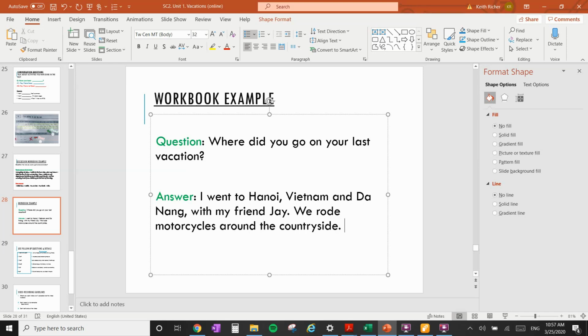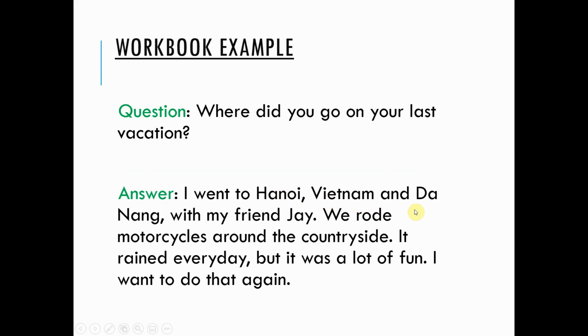Oh, that sounds very interesting. Adding more detail to the answer. It rained every day, but it was a lot of fun. I want to do that again. So there, I have a good answer. I didn't speak a lot, but I gave some good information here, right? So I went to Hanoi, Vietnam, and Da Nang with my friend Jay.